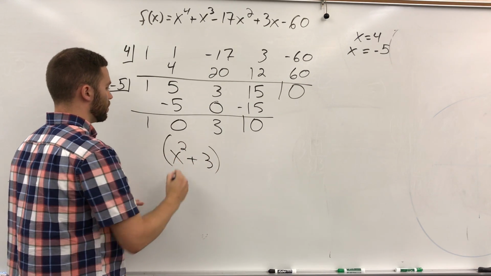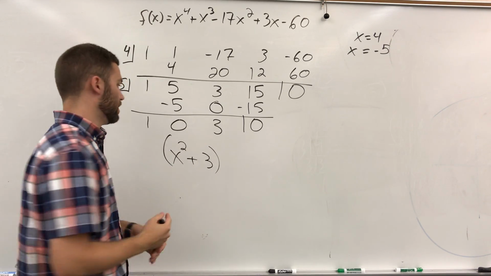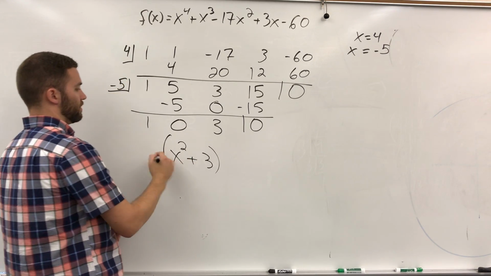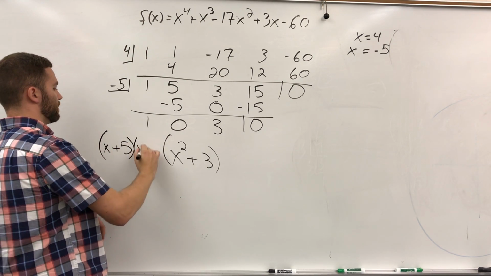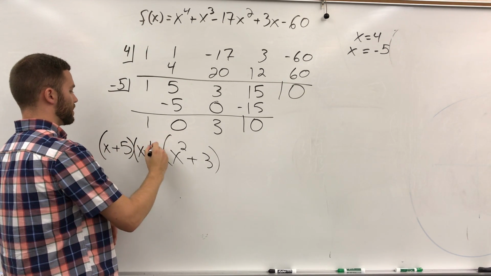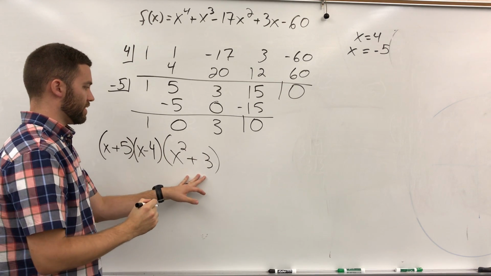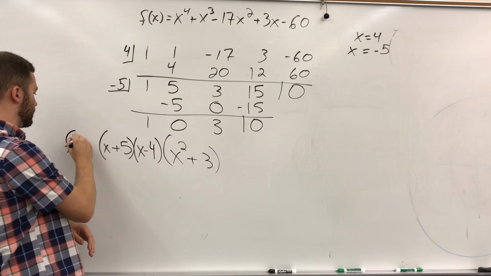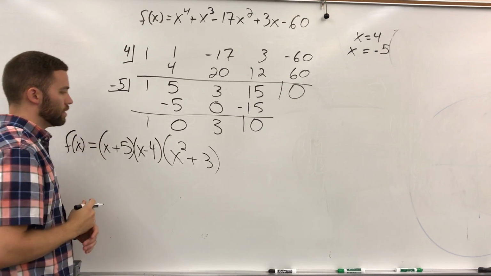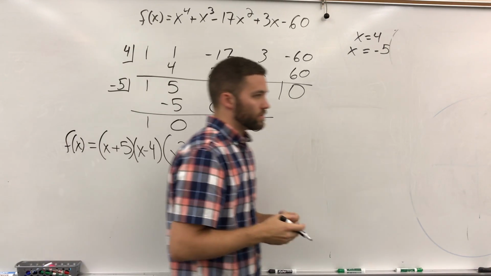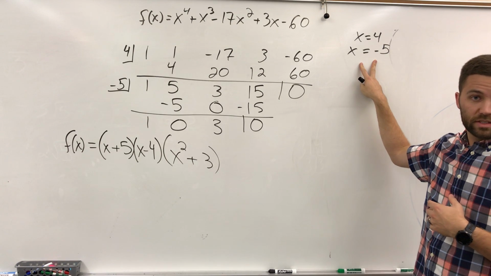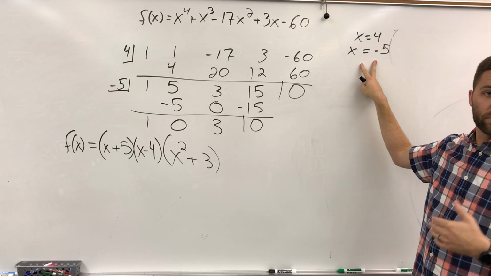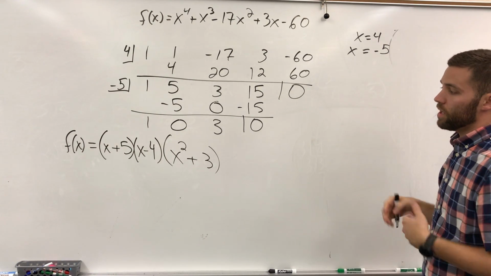If I was to write out everything we know at this point, we'd write that x plus 5 is a factor, x minus 4 is a factor, and x squared plus 3 is a factor. So this is f of x. We know those things are factors. We know 2 of the zeros, x equals 4 and x equals negative 5.